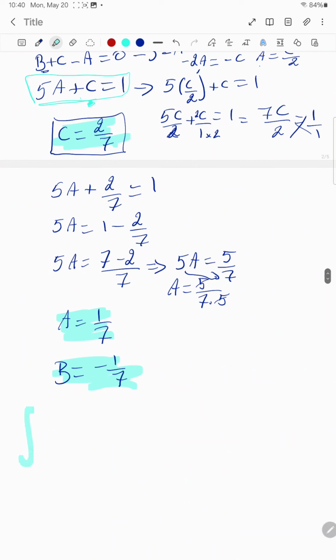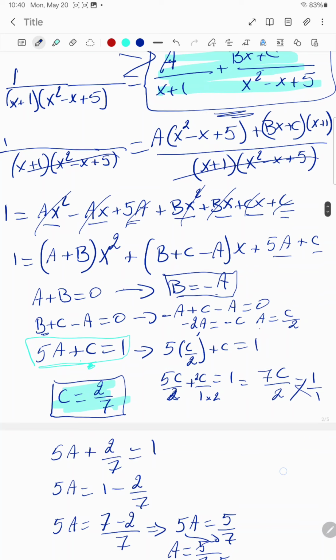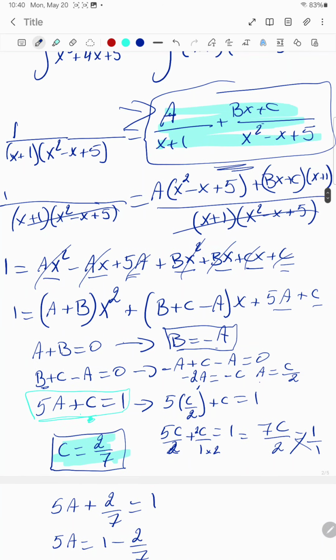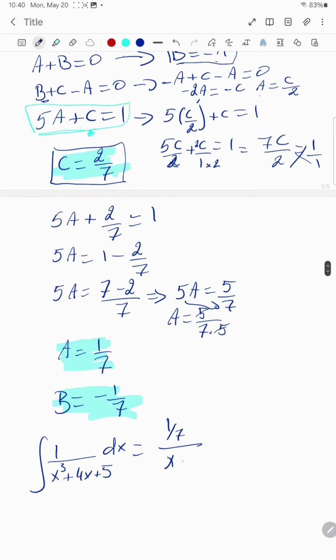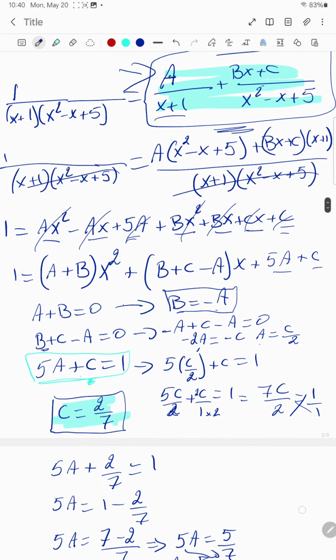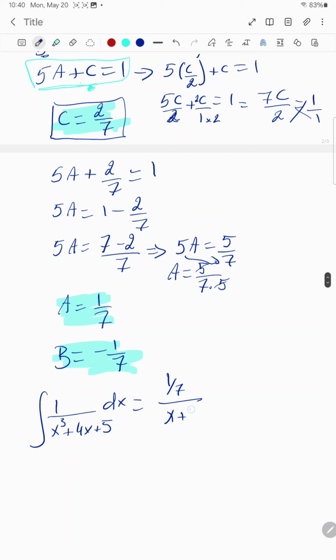So the integral of 1 divided by x cubed plus 4x plus 5 dx is equal, the A we said 1 divided by 7 divided by x plus 1. Is it plus or minus 1? Plus 1.